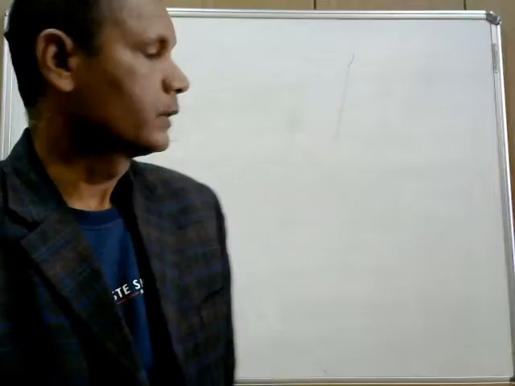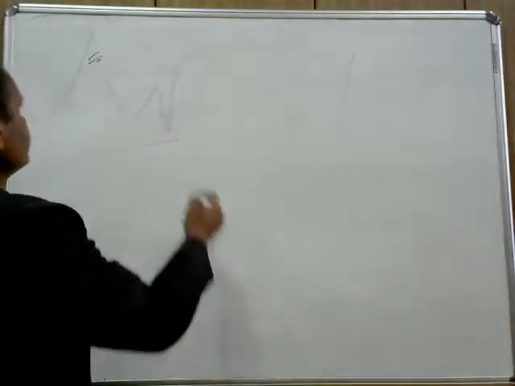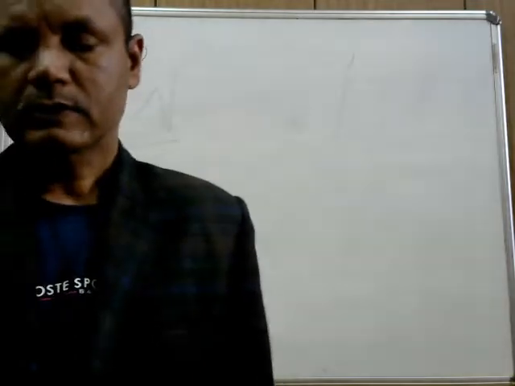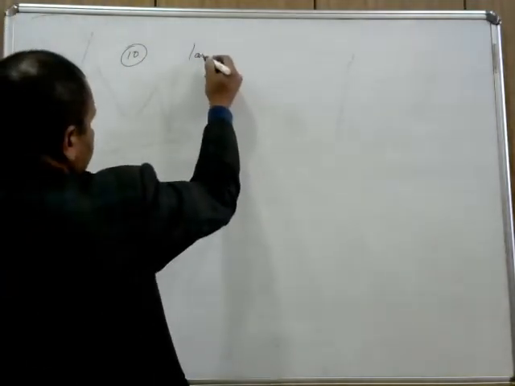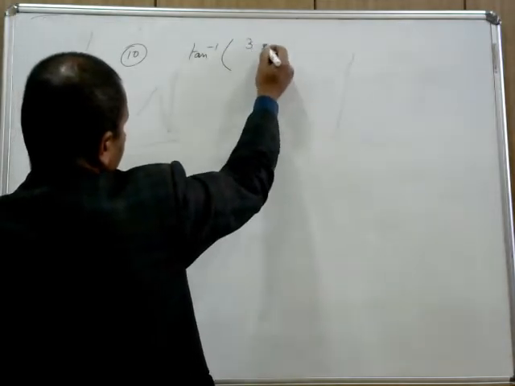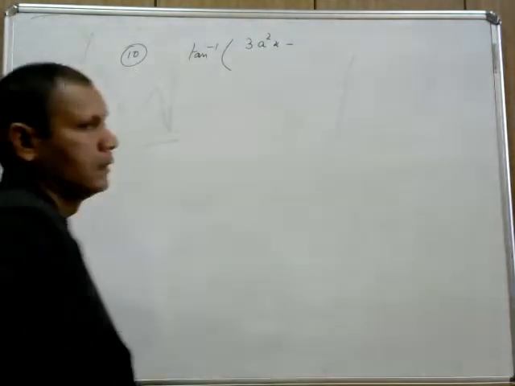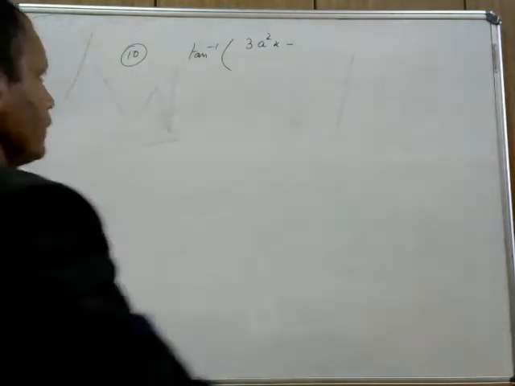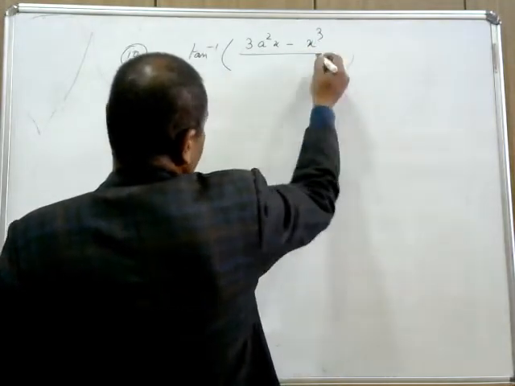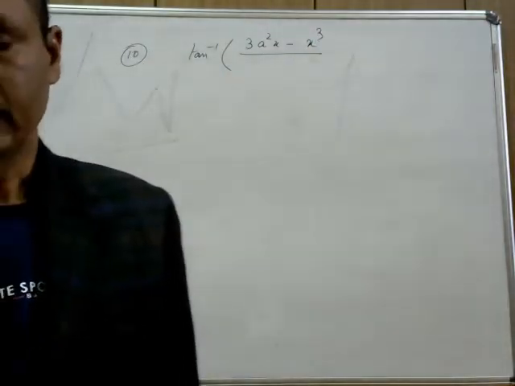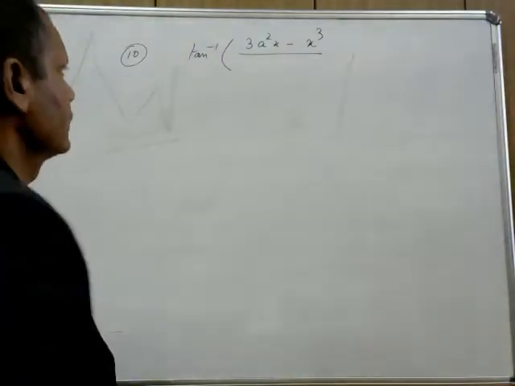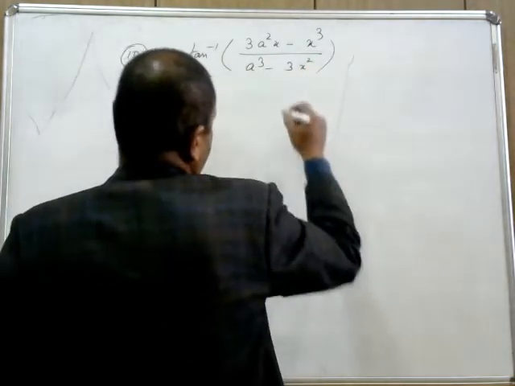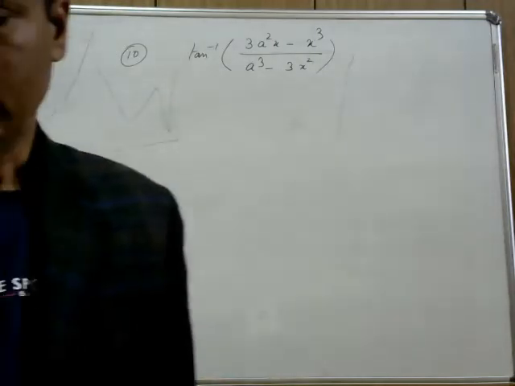Stop. We will be doing question number 10. In question 10 we have tan inverse of (3a square x minus x cube) divided by (a cube minus 3a x square).